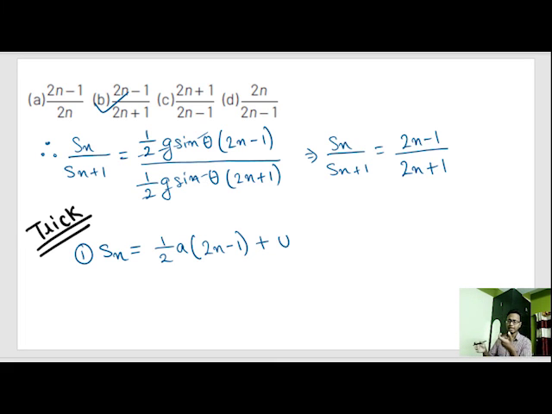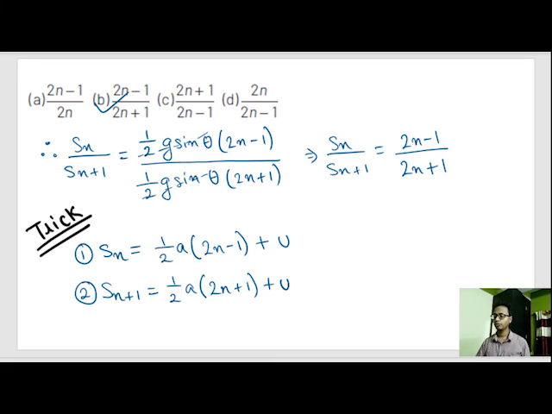That means from time equals 3 seconds to time equals 4 seconds, for the 4th second, we substitute n by 4. Similarly, Sn plus 1 is given by u plus half a into 2n plus 1. Okay, this is our formula.